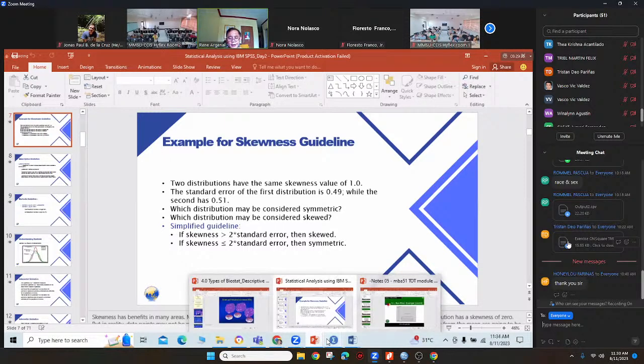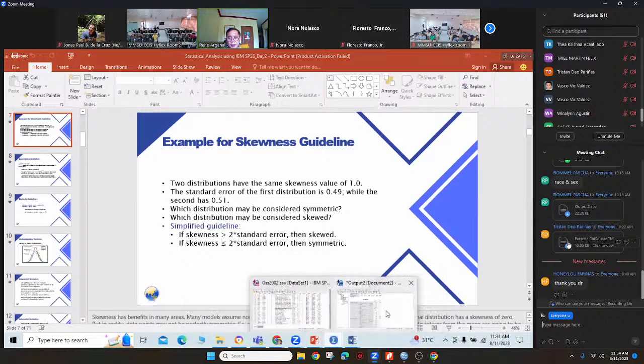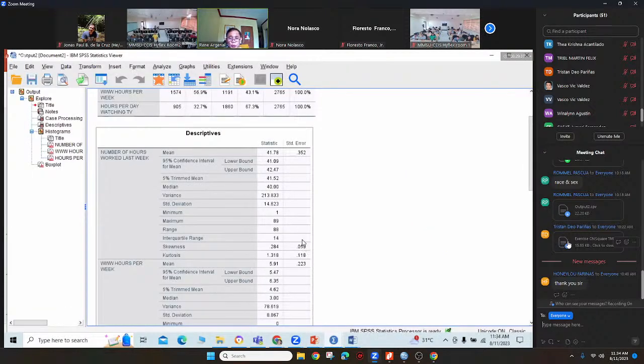You get it, guys? So this one, if you multiply the standard error by 2, what would the result be? Multiply it by 2.